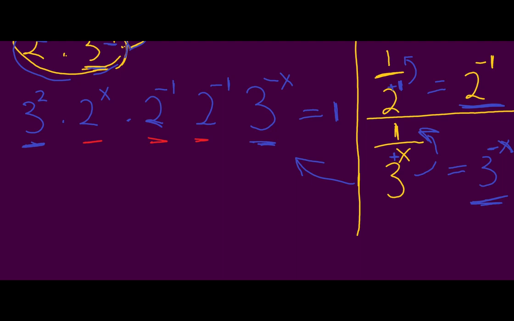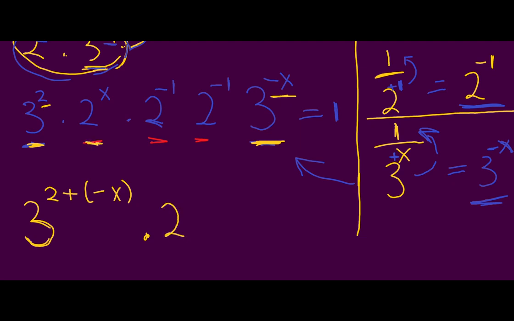So in this regard, we have 3, right, to exponent 2. We're going to add it with its like base term. So the base on this side is 3 to exponent 2, and the base on this side is 3 to exponent negative x. So we're going to add their exponents. So this is going to be plus negative x, and then multiply by 2, right?